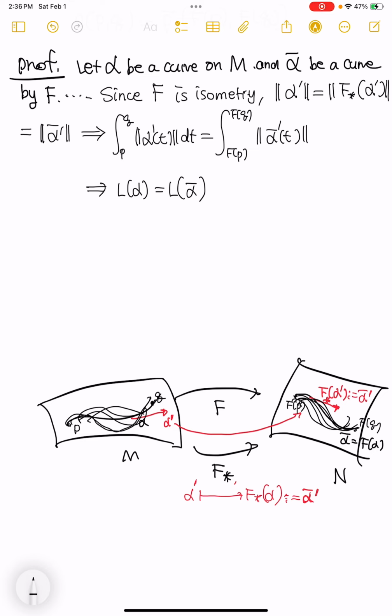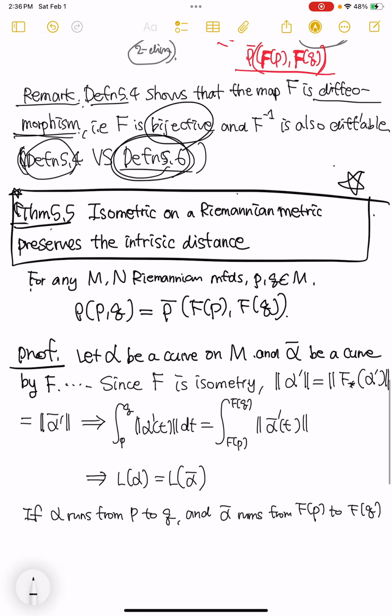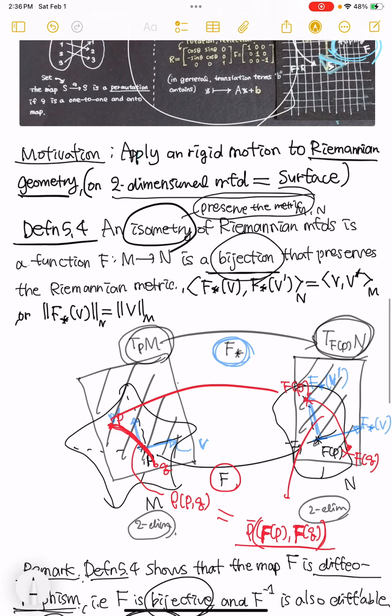But when you consider our arc alpha running from P to Q, and alpha bar running from F(P) to F(Q), F, as I said, is a bijection.